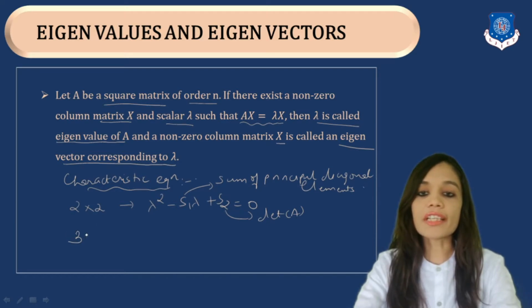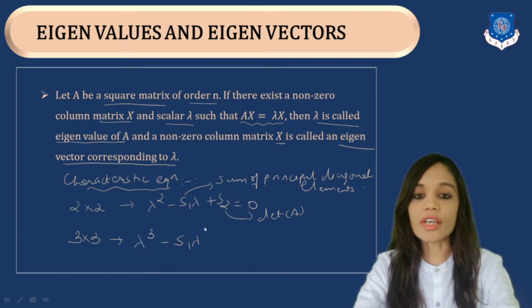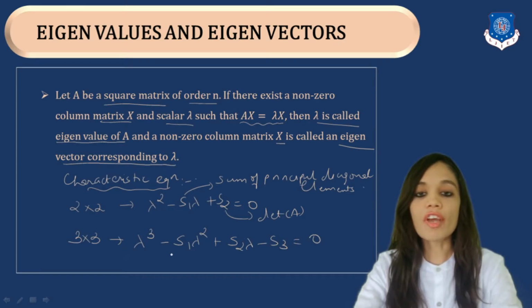Next, the characteristic equation for a 3 cross 3 matrix is lambda cube minus S1 lambda square plus S2 lambda minus S3 equals 0, where S1 is the same, that is the trace of A, right? S2, this is very important, is the sum of minors of principal diagonal elements.